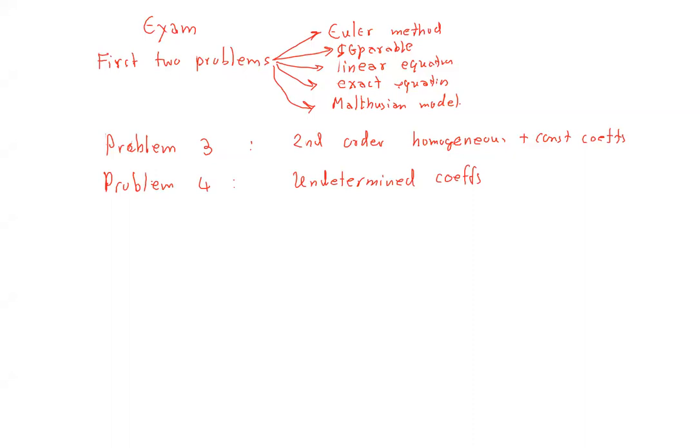Problems 5 and 6 are going to be taken from the following mix. So we have variation of parameters, which we saw today. Reduction of order that we will do on Friday. And Cauchy-Euler that we will also do on Friday.